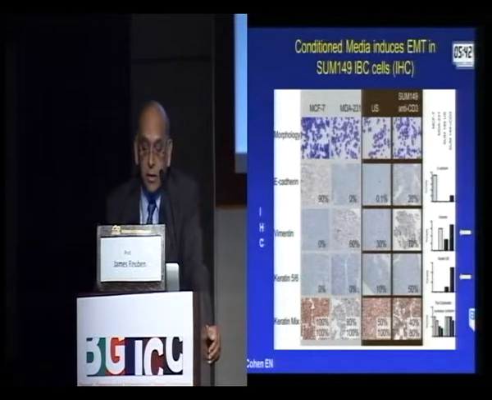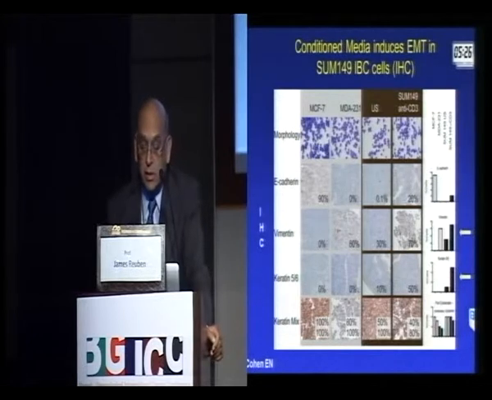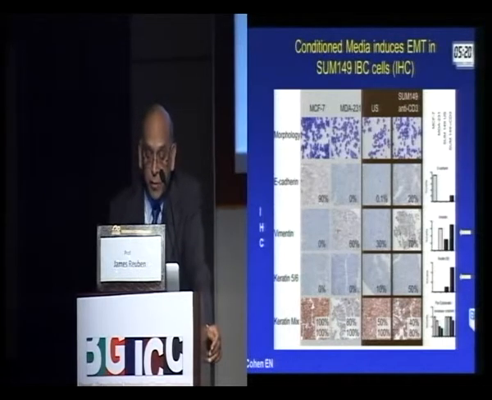We then looked at the morphology of these cells, and if you focus on the two darkened panels, where it says US and SUM149 and anti-CD3, and you look down to where it says vimentin and cytokeratin 5 and 6, you can see there's a tremendous increase in these markers, which is consistent with a cell going from an epithelial to a mesenchymal phenotype. So vimentin and cytokeratin 5 and 6, which is an aggressive cytokeratin, are much increased in these cell lines.